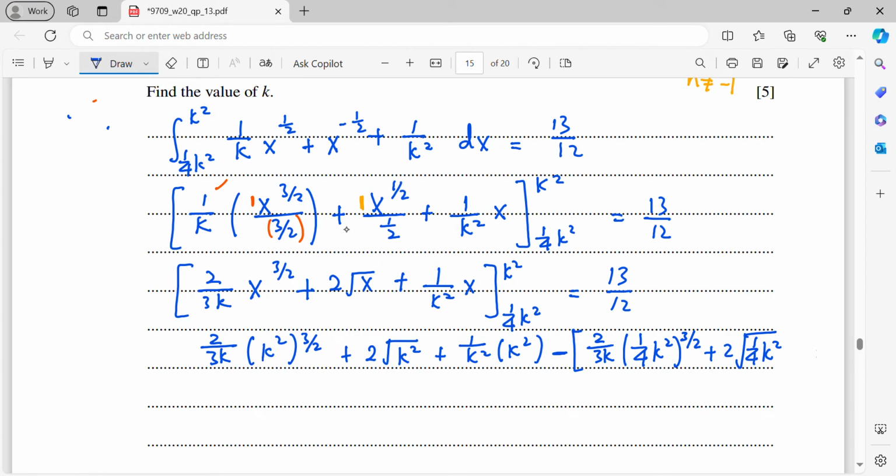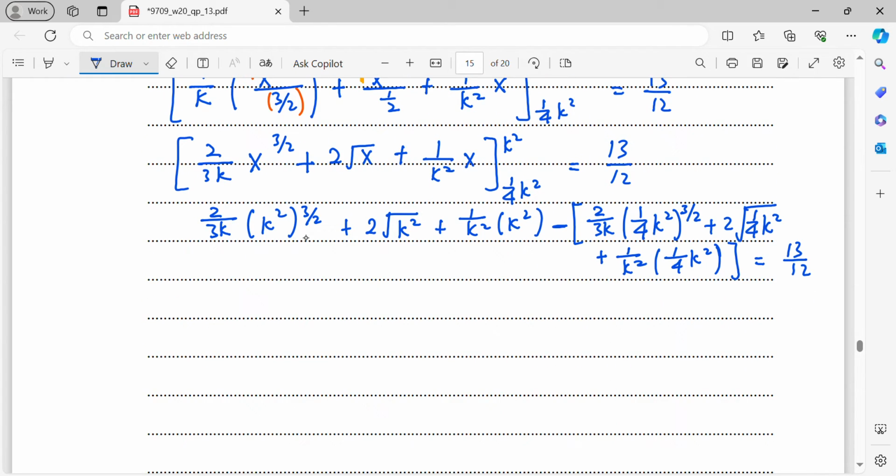Therefore, I will just write over here. That equals to 13 over 12.